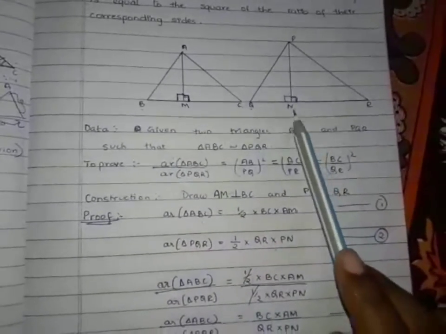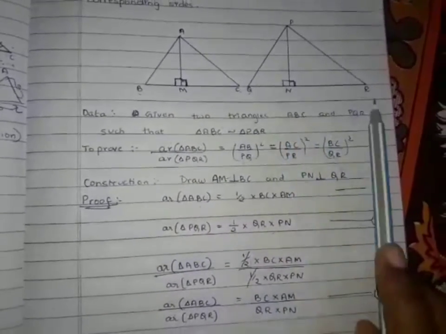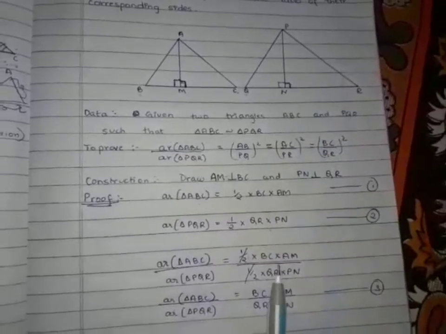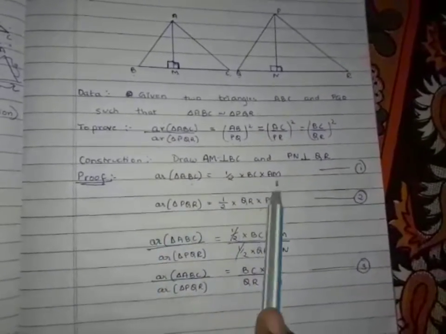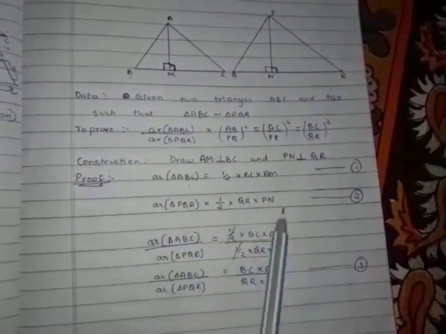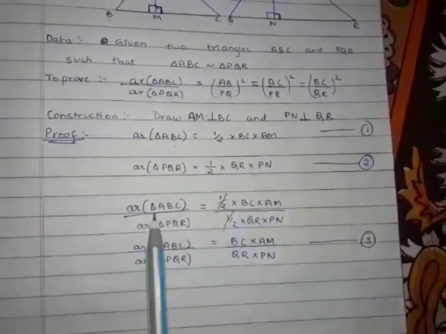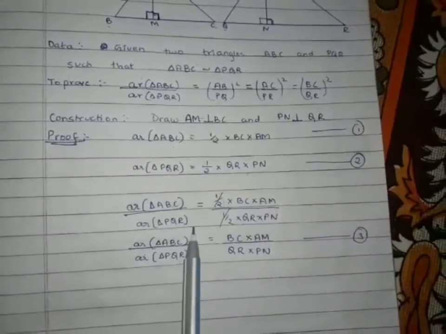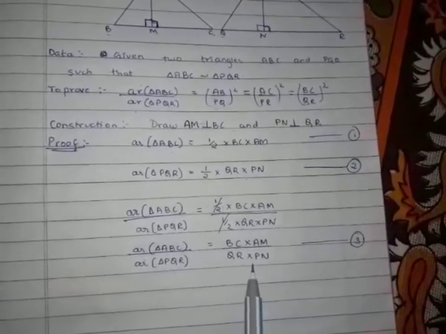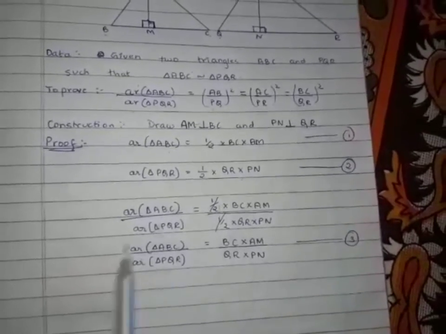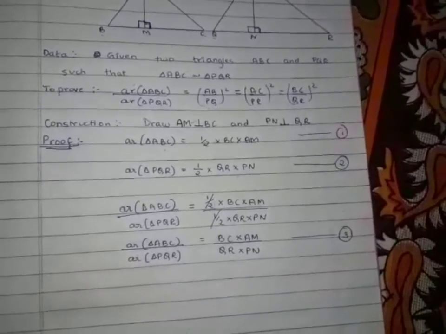Similarly, area of triangle PQR is equal to half into QR into PN. Afterwards, we have taken them as ratios. That is, we divided equation 1 by equation 2. So, we get area of triangle ABC by area of triangle PQR is equal to BC into AM divided by QR into PN. Okay. So, this is considered as equation 3.